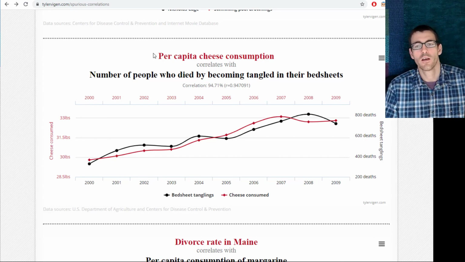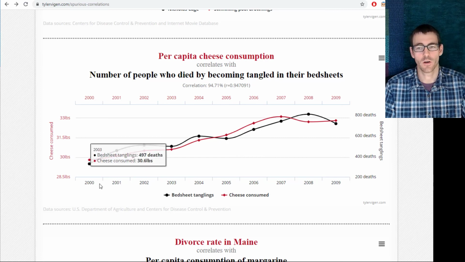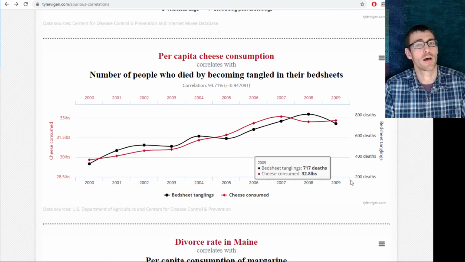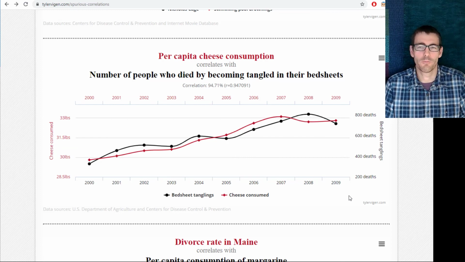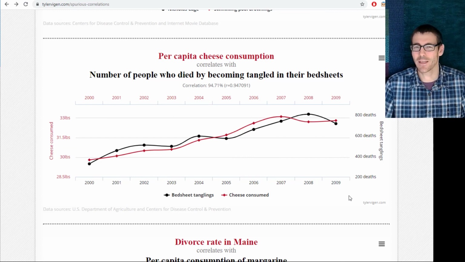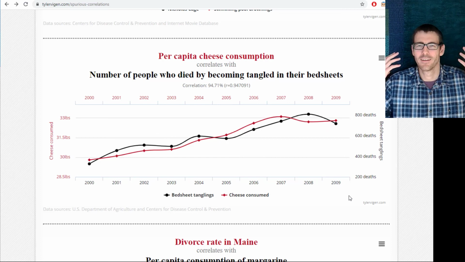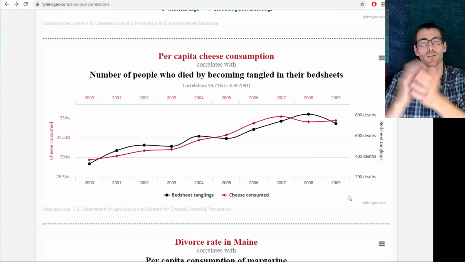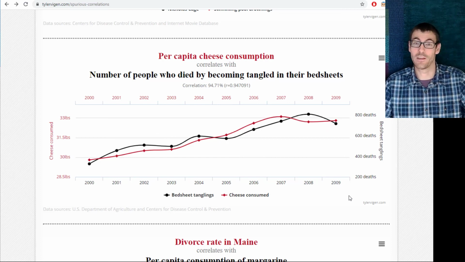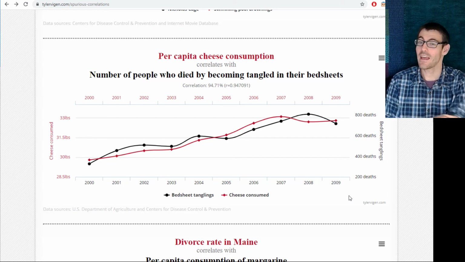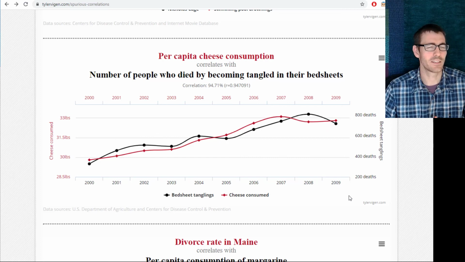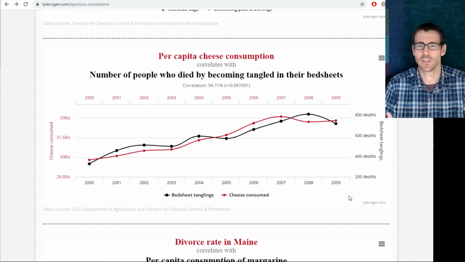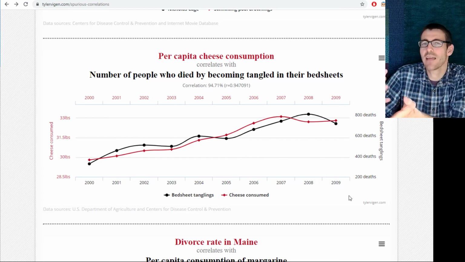So, for example, per capita cheese consumption between the years 2000 and 2009 lined up really well with the number of people who died because they became tangled in their bed sheets. Okay, so just by looking at this data, we might be tempted to say, hey, you better watch that cheese consumption because that might lead to you getting strangled by your bed sheets. All right. Obviously, that's not true.